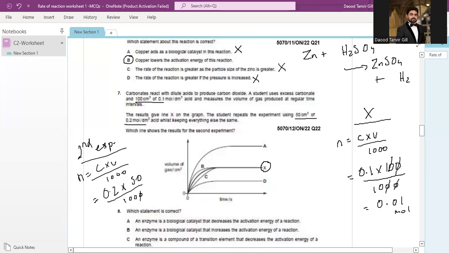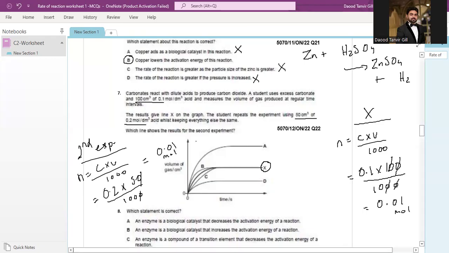Let's calculate this. We are getting the moles 0.01. Now students, look, the moles are the same. This clearly shows that the volume of gas will be the same. The yield of the gas would be the same.